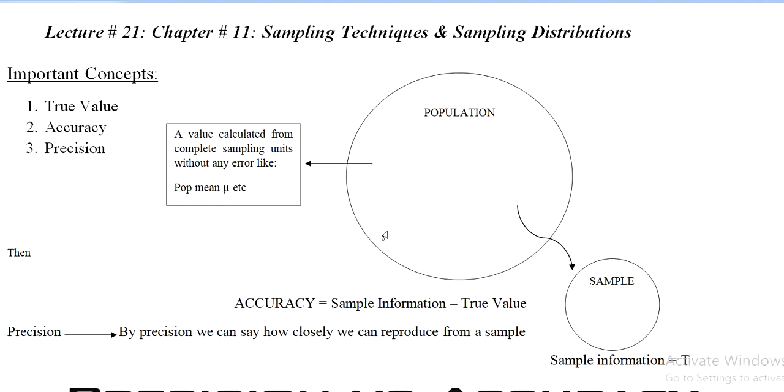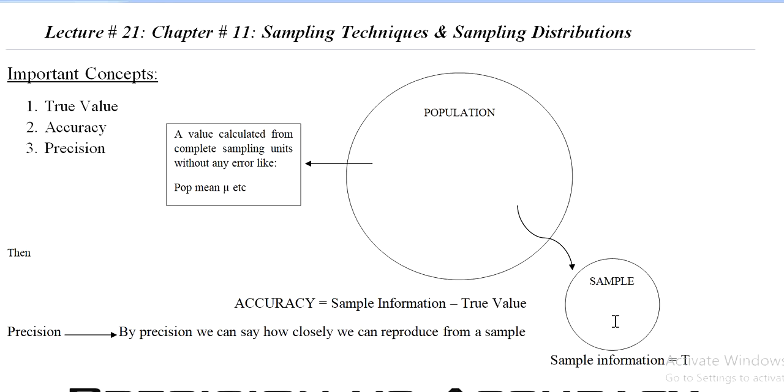Now let's talk about accuracy using this example. Suppose we have studied the whole population, so we will get our true value from it. After calculating the true value, we take a sample, a small amount of information from the population, and we calculate the same measurement from this sample too. For example, if we studied the population and calculated the mean, now using this sample we also calculate its mean.